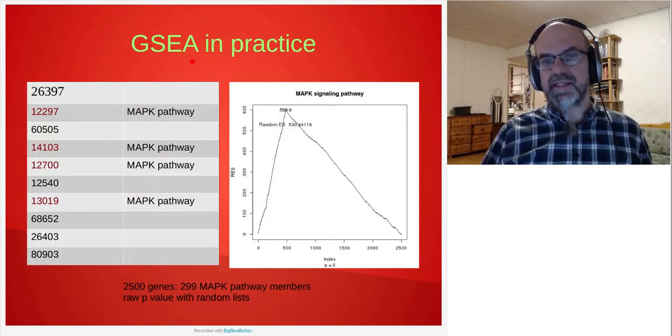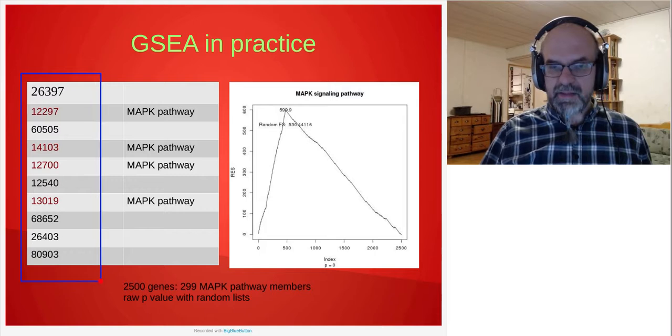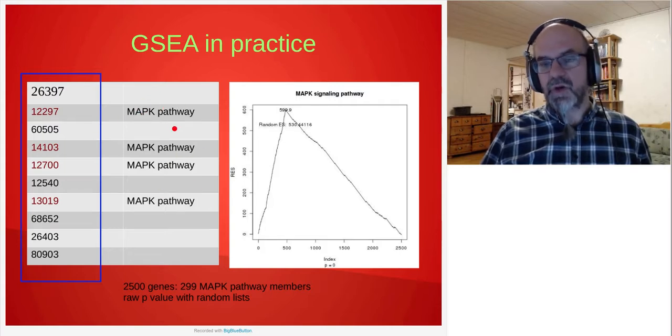Okay, so let's see in practice. We have a list of genes. They are annotated by gene ID here again, and some of those genes are MAP kinase related genes, and you put these labels in the second column of a table. So the order is important here.